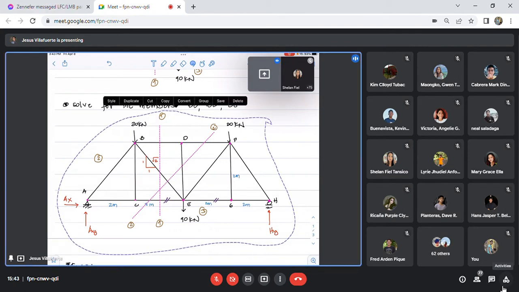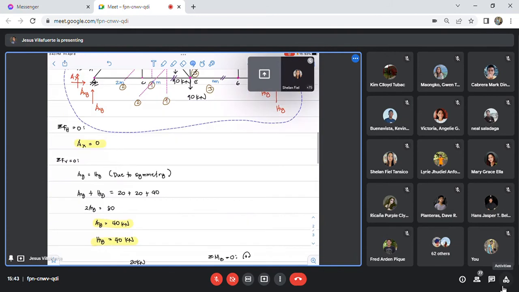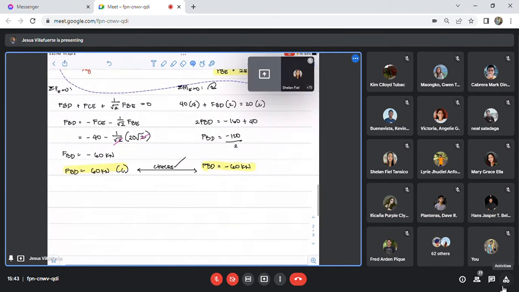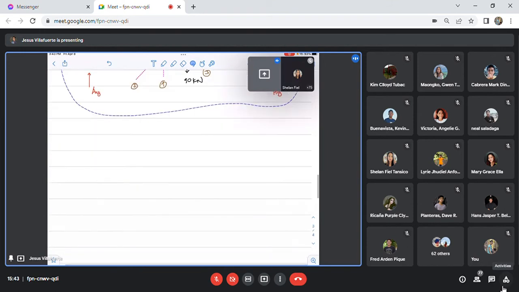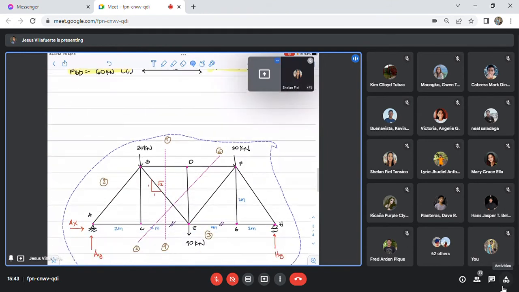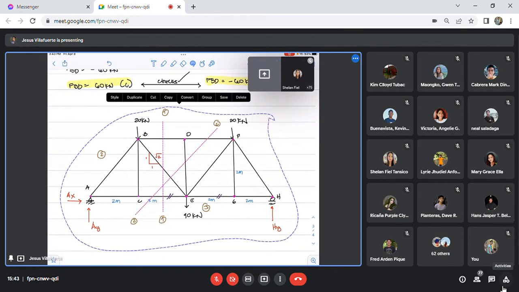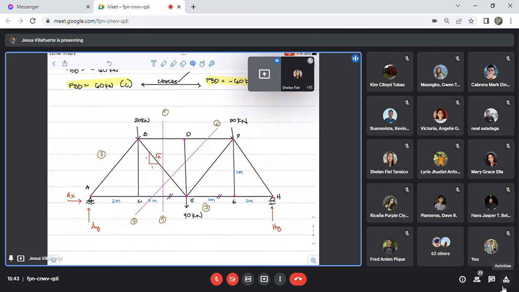So, let's duplicate this one and place it below. So let's cut these members, removing the unnecessary ones.